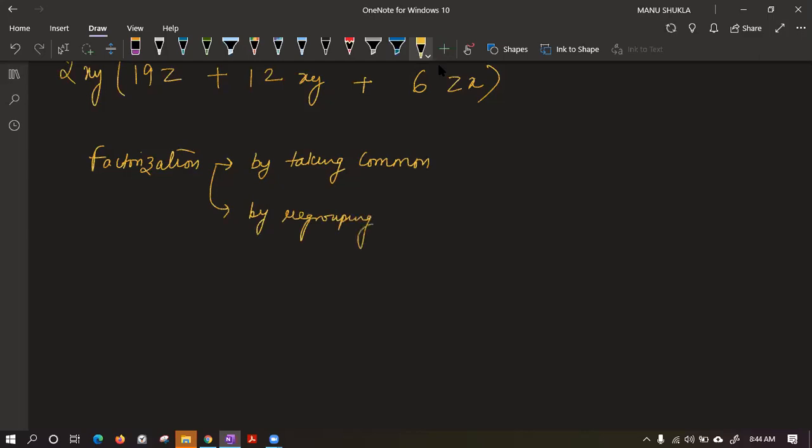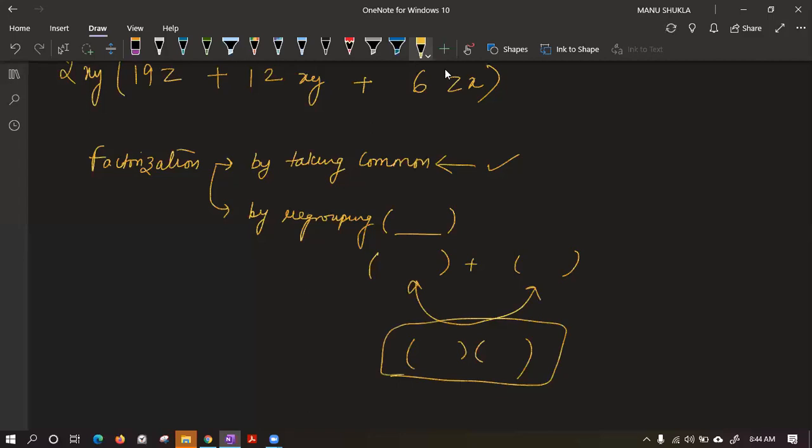If you have observed, in the taking common method, we had some variable or some constant common that we took out from the complete expression and made it factorized. In the second case, there was nothing common in the complete thing, so we made two groups like this. And out of these two groups, we took common finally to make the factorized form.